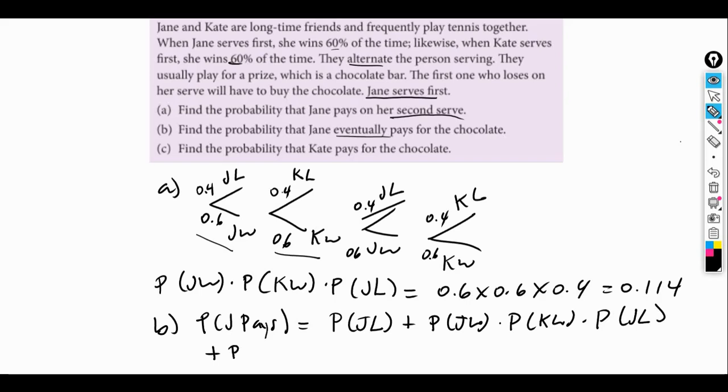The probability that Jane wins, and then Kate wins, and then Jane wins again, but then Kate wins, and that Jane loses.